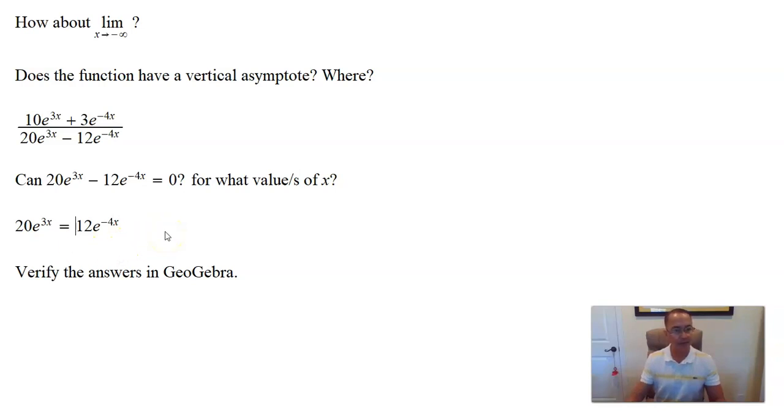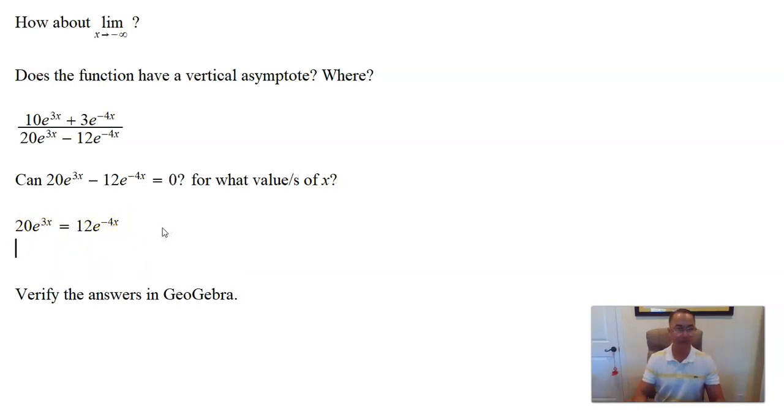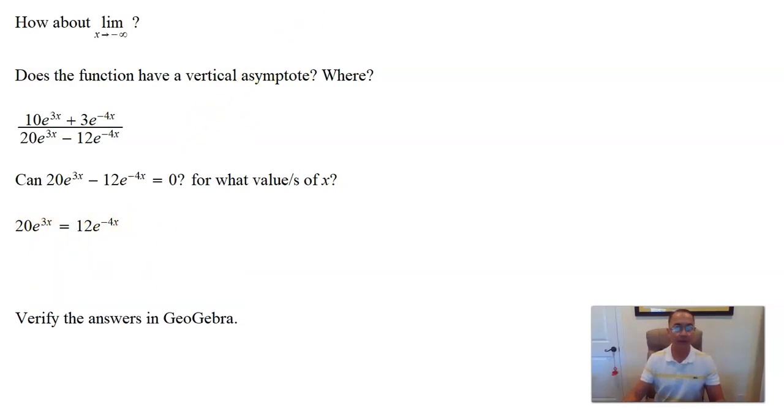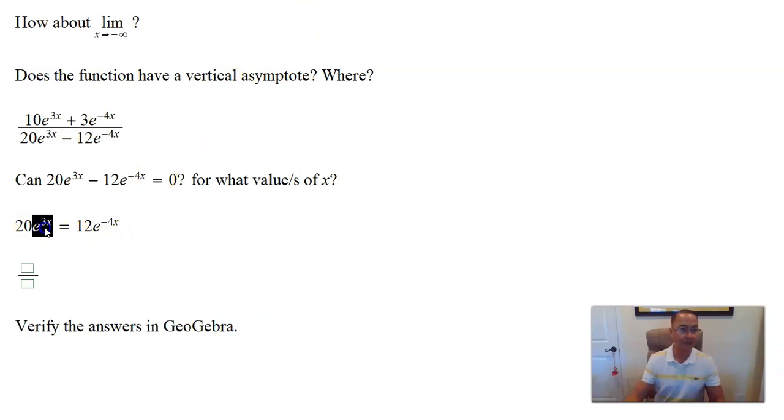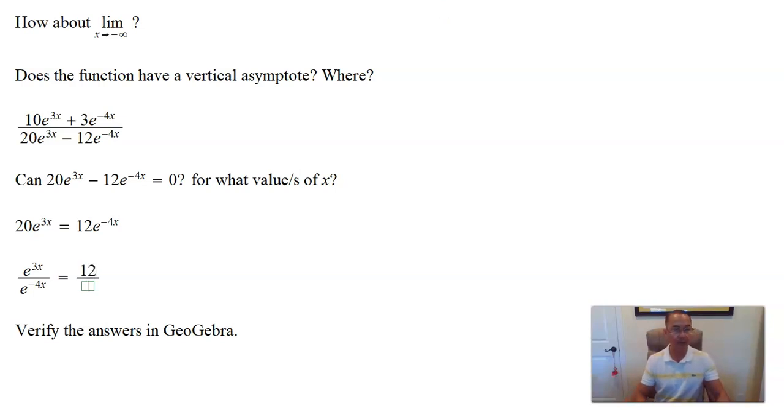So that's good. However, we have two exponential functions. So what do you say we isolate the x's? We put the x's together. We get e to the 3x divided by e to the minus 4x. But on the right side, we will have constants, 12 over 20, which of course simplifies to 3 over 5.